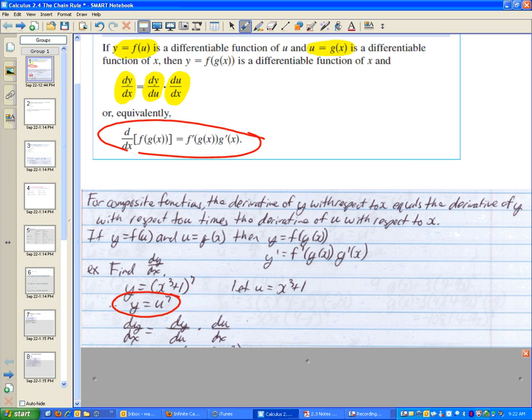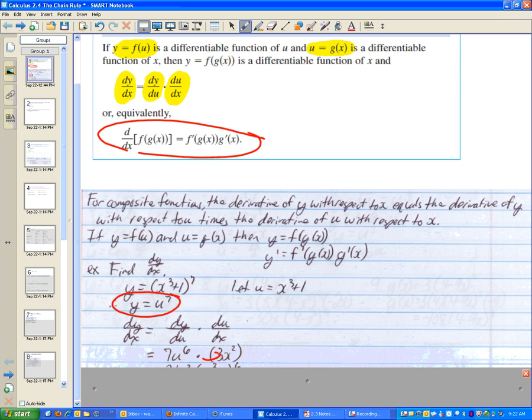So the derivative of y with respect to u, with u being the variable, is simply 7u to the 6th, times du dx. That's the derivative of u with respect to x. Well, look, here's u over here. So if I say take the derivative of that, what's the derivative of x cubed plus 1? It's 3x squared.